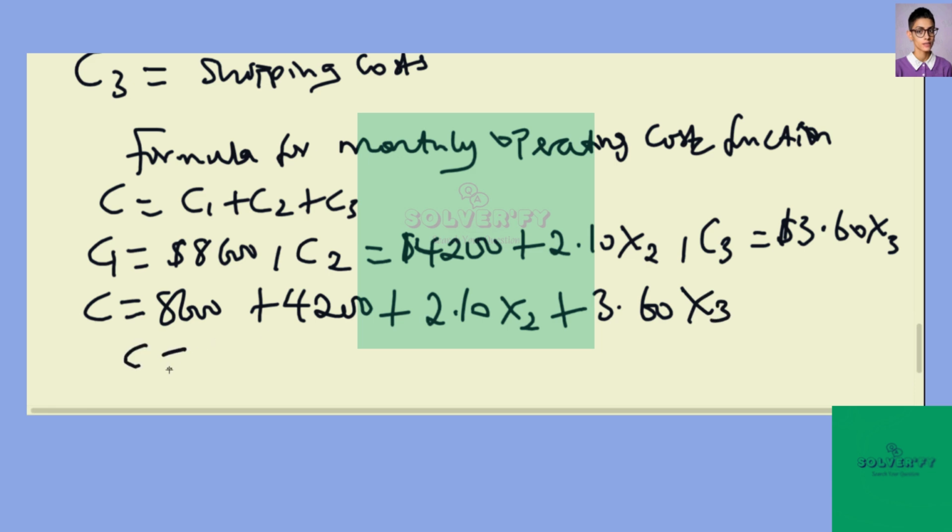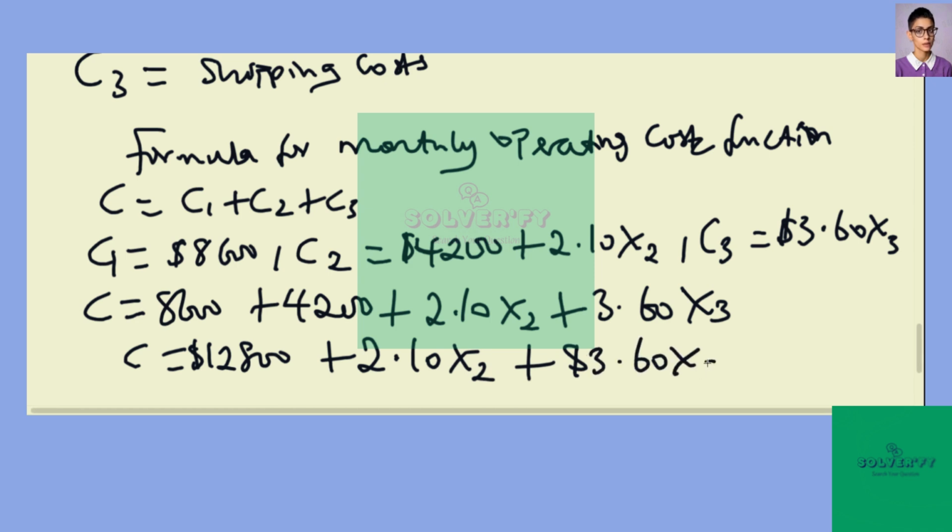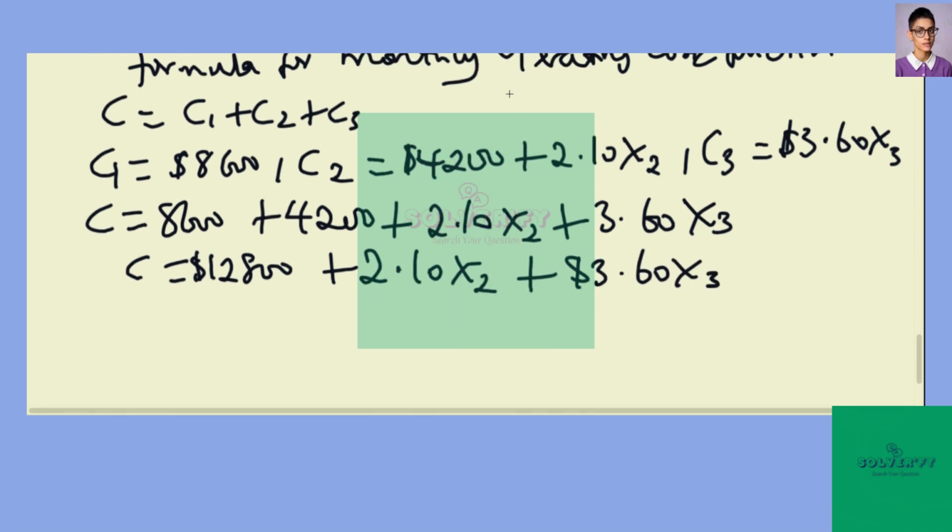So C is equal to $12,800 plus 2.10x2 plus $3.60x3. So therefore this formula will be the monthly operating cost function for Stein Corporation.